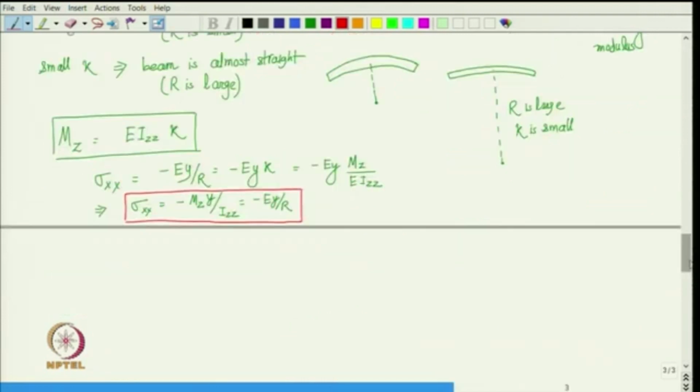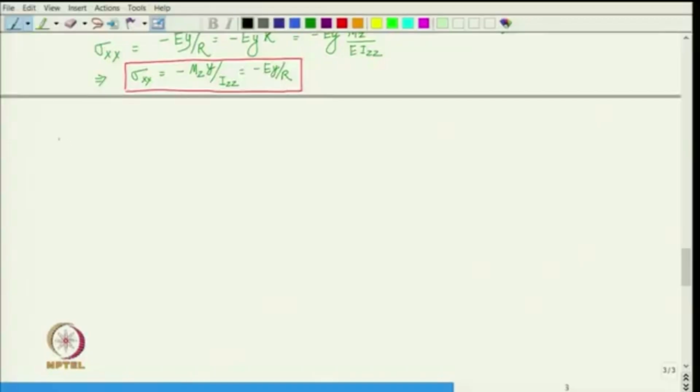All right. Let us try to find out what is I z z for a rectangular cross section.